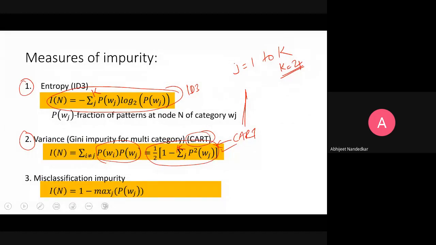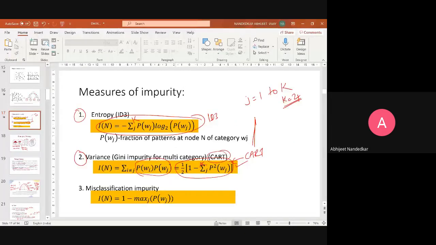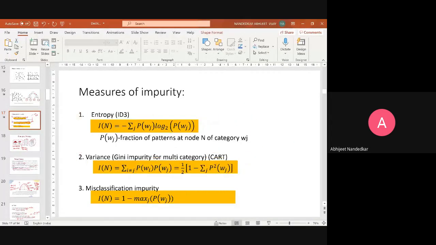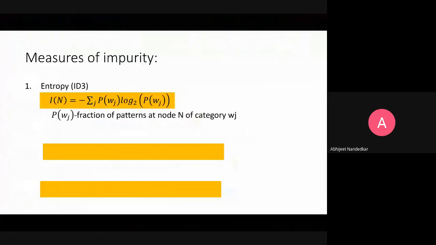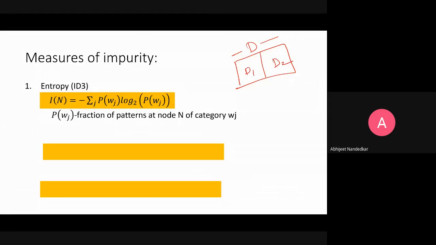Then came the idea of measuring the impurity in your groups. Say, for example, I have this complete data and I have divided this into two halves. Say, the complete set is D, but I have divided it into two sets, D1 and D2, using some way.